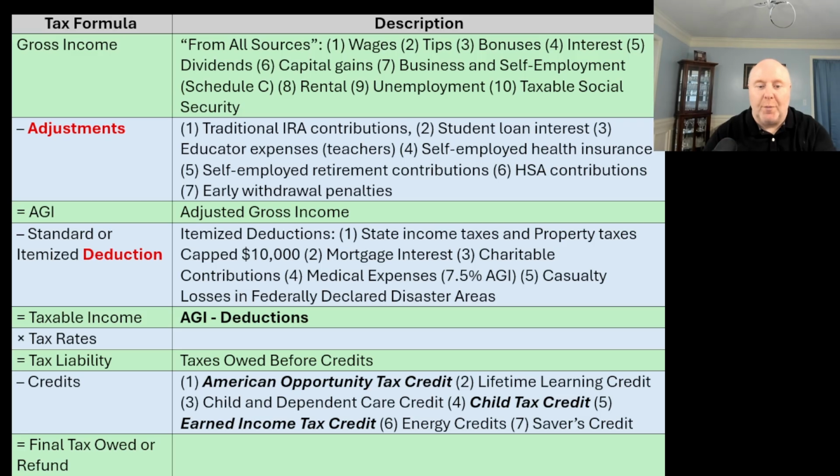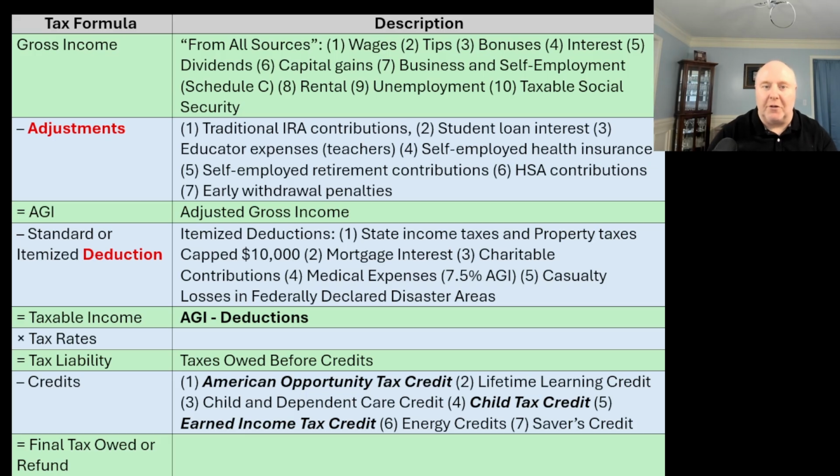You see, this whole formula is going to work us toward our tax liability, and then eventually how much we owe on our taxes. So we looked at gross income, and we've looked at the first level of deductions, which we call adjustments. And again, everybody gets those. Then what we do is we have our AGI, adjusted gross income.